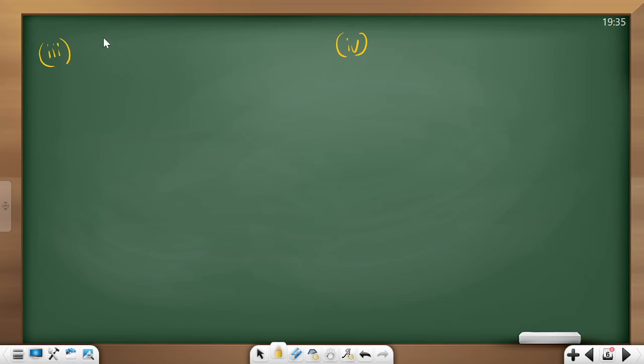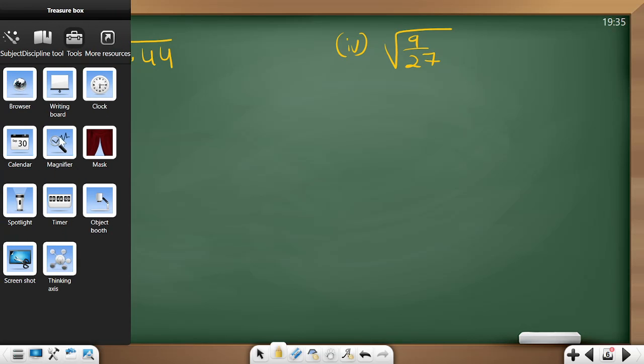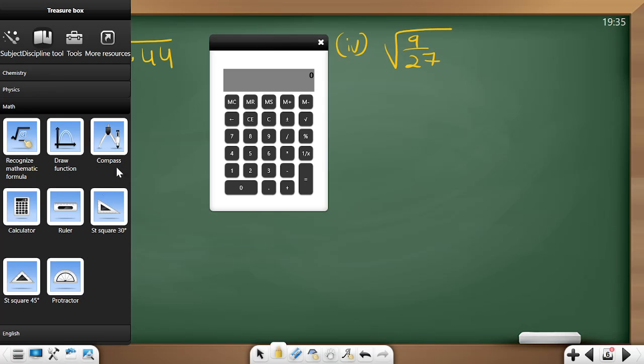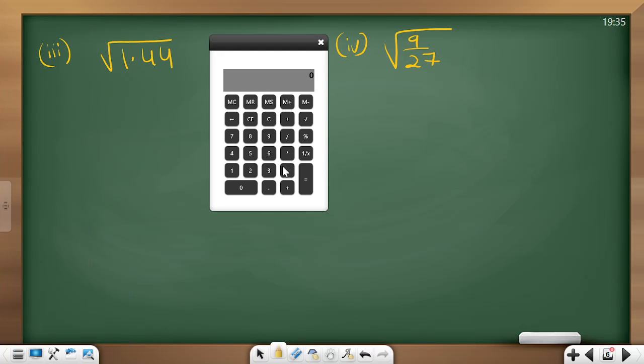Okay, I am going for the next question, third one and fourth one, both I'll write at once. The third one is root 1.44 and this one is root 9 by 27. So Akshita, for root 1.44, if you open the calculator, type 1.44 and take the square root, how much is the answer? 1.2.